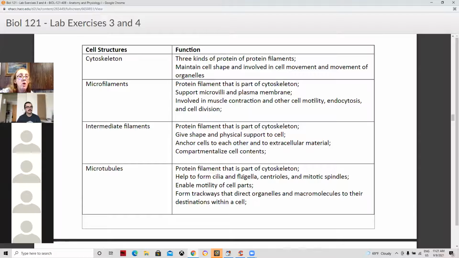So they have some overlapping roles, but overall, all three of these types of filaments are involved in moving things within the cell, allowing the cell to be able to move and migrate, and allowing things to move within the cell, and allowing the cell to maintain a particular shape and structure.